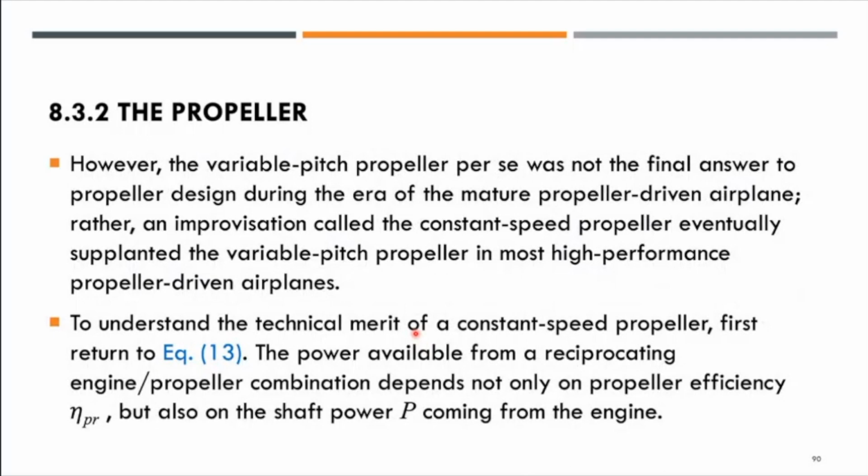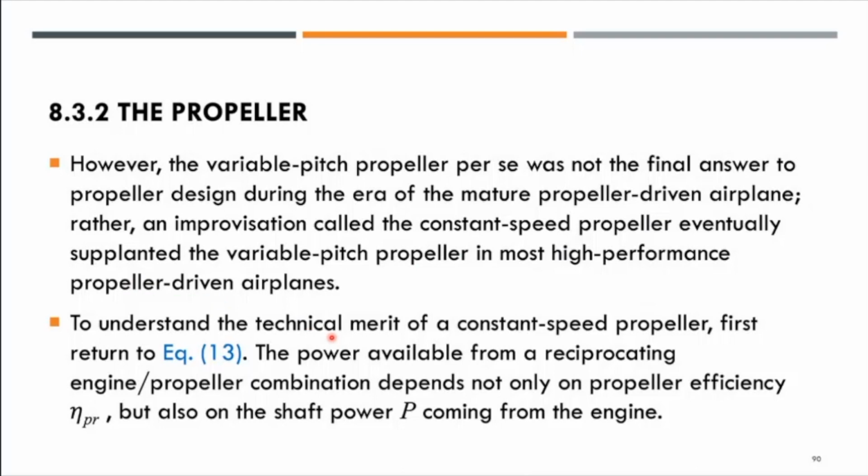However, the variable pitch propeller was not the final answer to propeller design during the era of the mature propeller-driven aircraft. Rather, an improvement called the constant speed propeller eventually supplanted the variable pitch propeller in most high-performance propeller-driven aircraft.